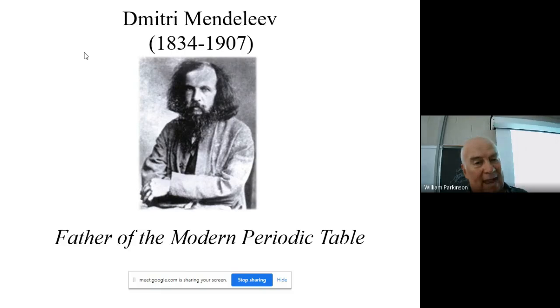Now, what I would point out to you is that Mendeleev died before quantum mechanics was fully understood. So he did not have the ideas of this new science to help him understand how to structure atoms.